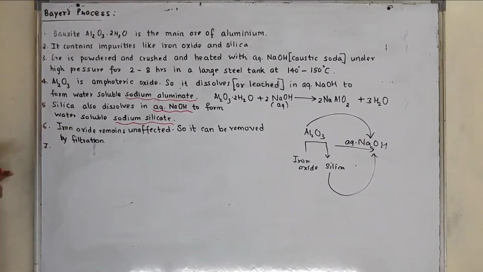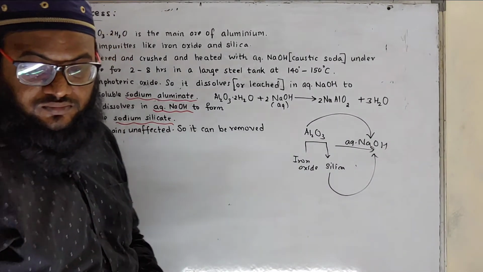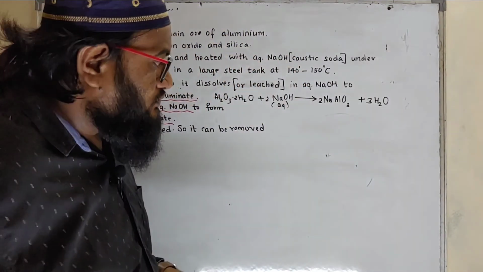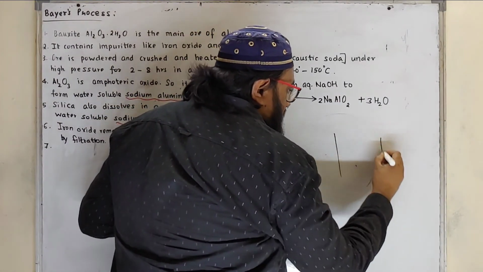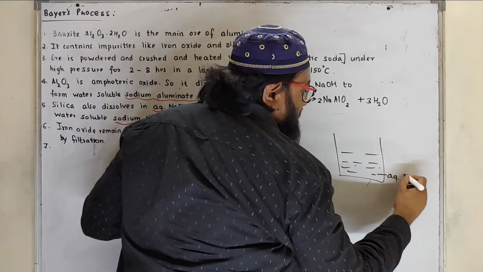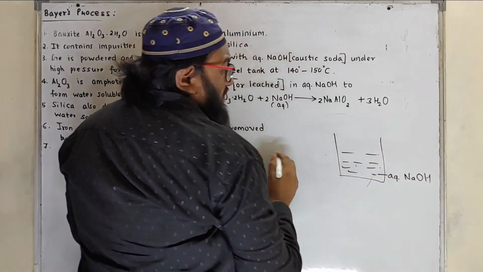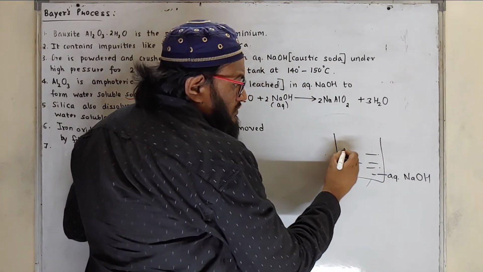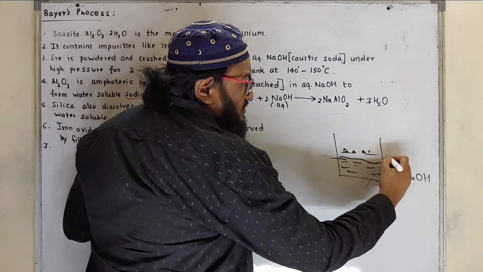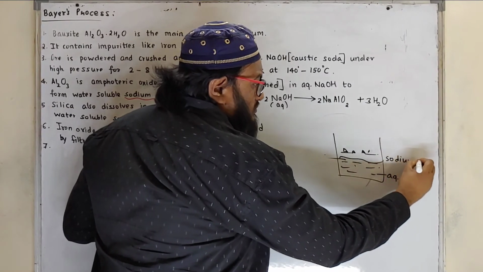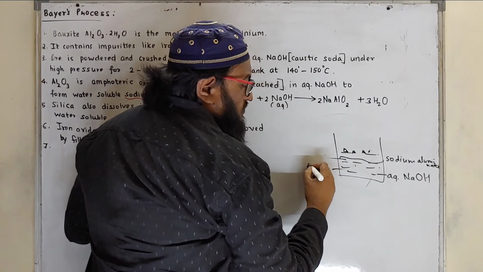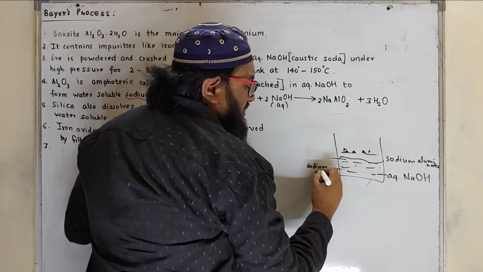The next point. Now what should be the next point? This is an aqueous solution of sodium hydroxide. In this, iron oxide is unaffected, whereas aluminum oxide got dissolved to form sodium aluminate, and silica also got dissolved to form sodium silicate.